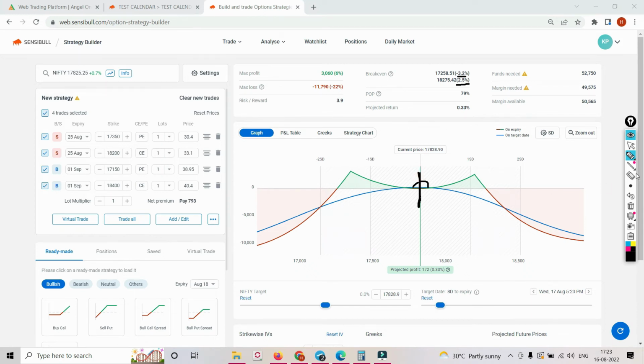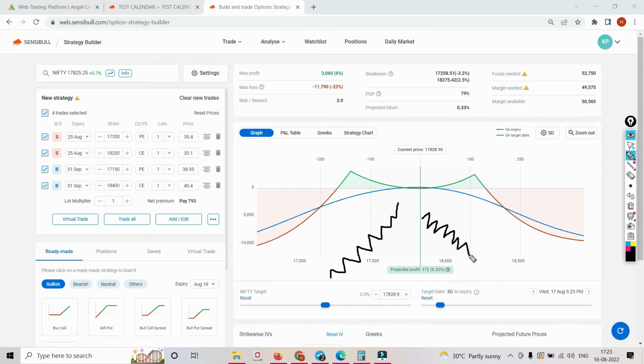Before that, what is the threat of this overall trade? The only threat of this overall trade is a quick market going up. What will happen if the market quickly goes up? Obviously, your VIX will fall.